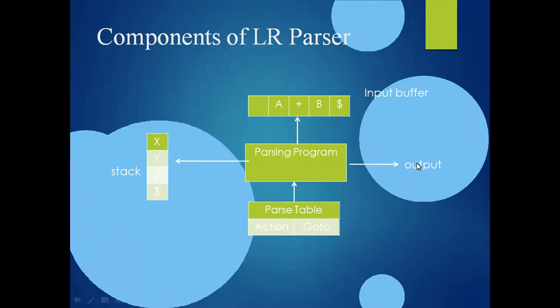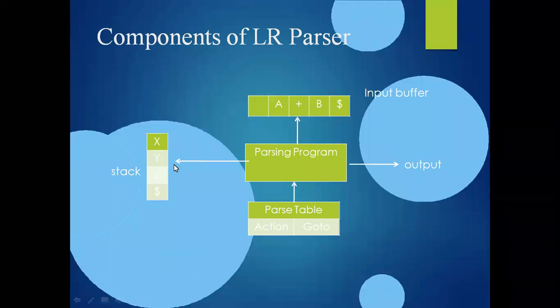I am explaining each individual data structure, each component here. The first component in the structure of the LR parser is the input buffer, which is used for storing the input string. The second component is a stack for storing the grammar symbols and output.